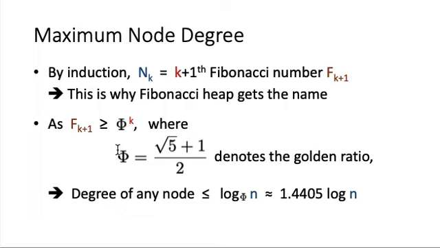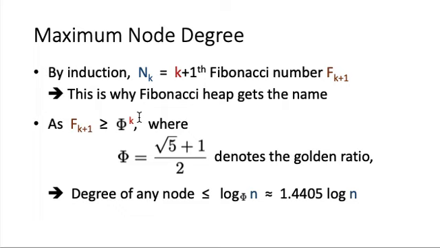So because of this, the degree of any node cannot be a lot. If k is the maximum degree, then we have to satisfy that the tree has at least nk nodes, which is φ to the power k. But on the other hand, you can only have at most n nodes in the tree.